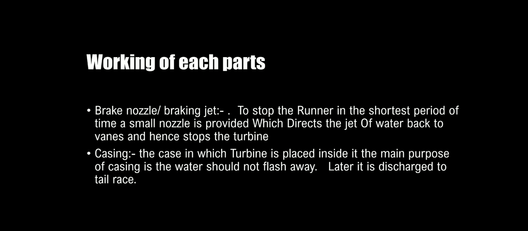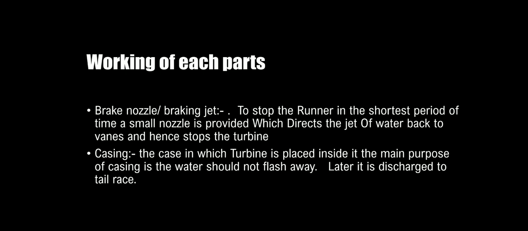When the water from the braking jet is hit back to the buckets, then the speed or the rotational motion will come to a stop, which stops the turbine rotating. Like that, the braking jet is helpful because the turbine can be stopped in the shortest period.